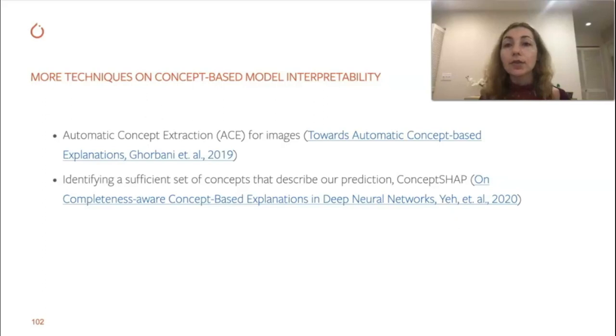Another recent research publication aims to identify a sufficient set of concepts that describe our prediction. It adapts a SHAP algorithm to concepts in order to identify the most important and influential concepts.